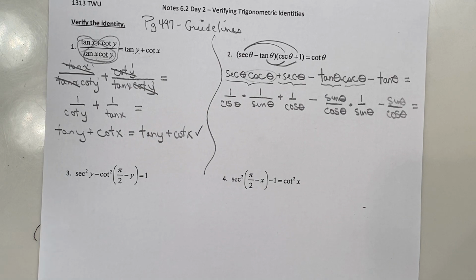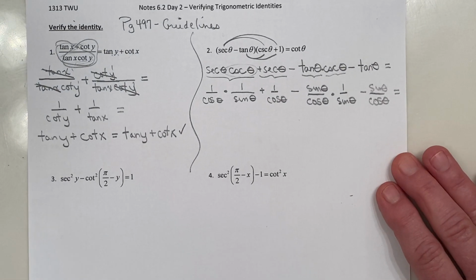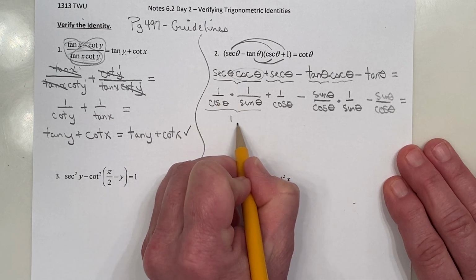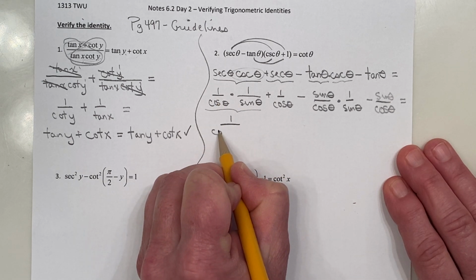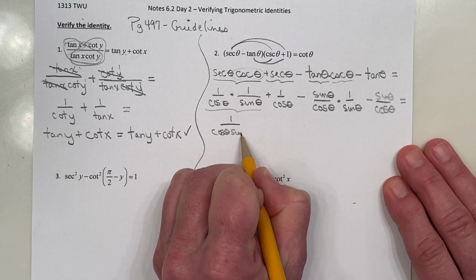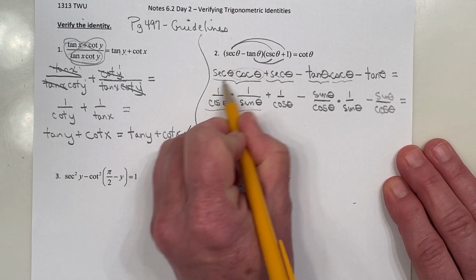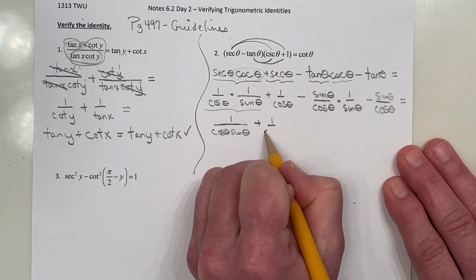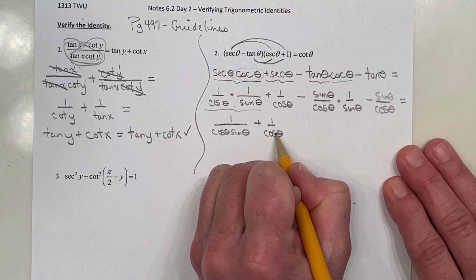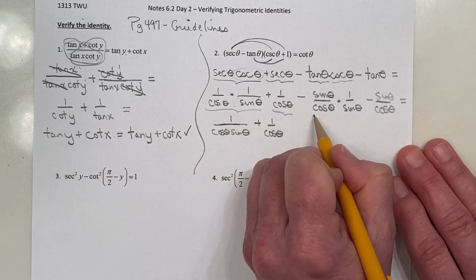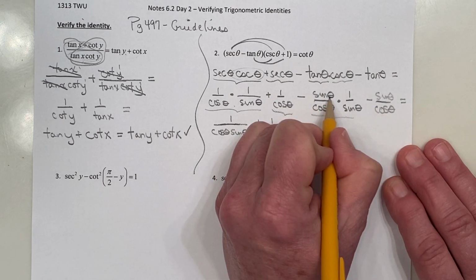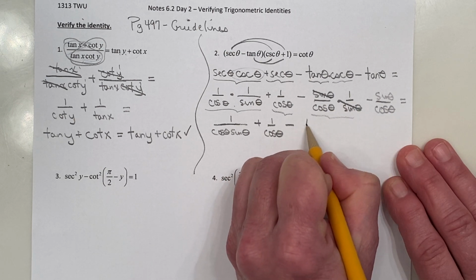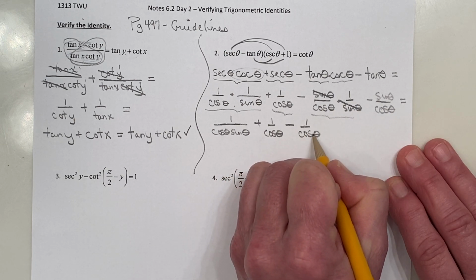Let's do a little cleanup, see if this is going to help us, or maybe we need to abandon this. Remember, these two fractions are being multiplied, so I'm going to have 1 over cosine theta times sine theta. That's the cleanup here, plus 1 over cosine theta. Before I get to this subtraction, I see that the sine thetas will divide out, leaving me with minus 1 over cosine theta.